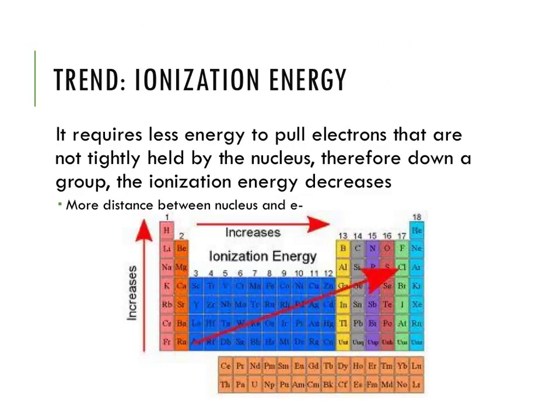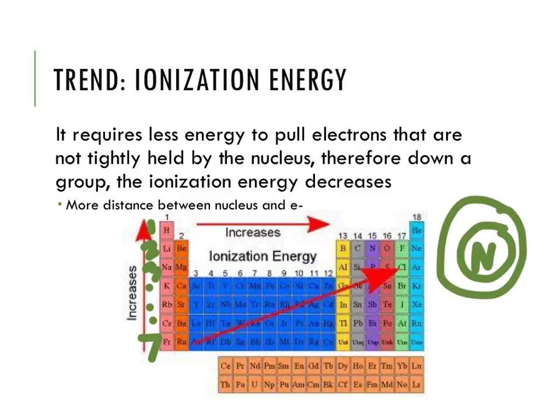Alright, the second portion of our trend for ionization energy has to do with looking down the periodic table. So as our number of energy levels increases 1, 2, 3, 4, all the way to 7, we're adding more energy levels. Each energy level puts more space between the nucleus of the atom, what we'll call N, and the valence electron that's very far away from it.